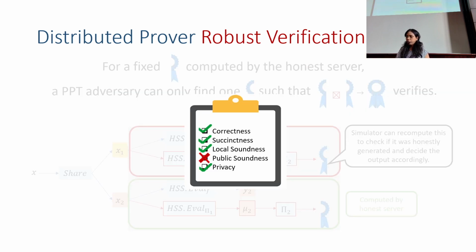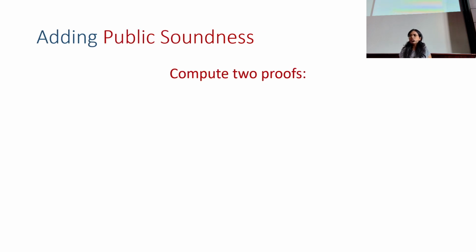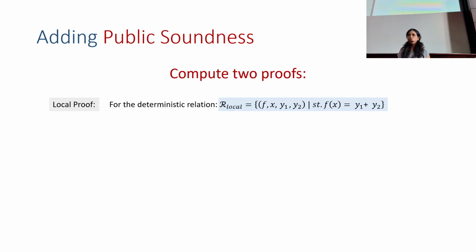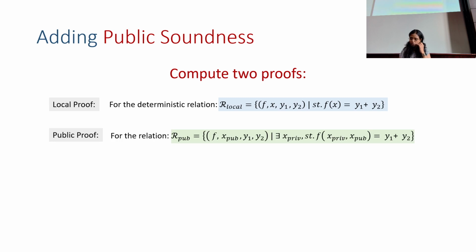Now the only property that remains is public soundness. So for public soundness, we have a simple idea. We were already computing a local proof that was meant for the honest client to verify if the output was computed honestly using this input that they secret share. For public soundness, what we ask is that the servers compute one more proof, which we'll call the public proof.